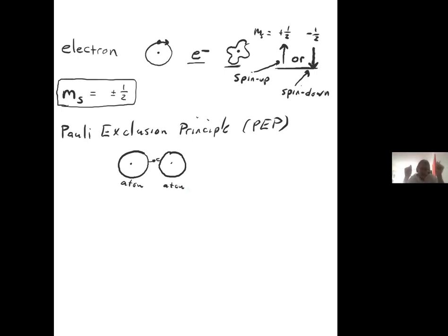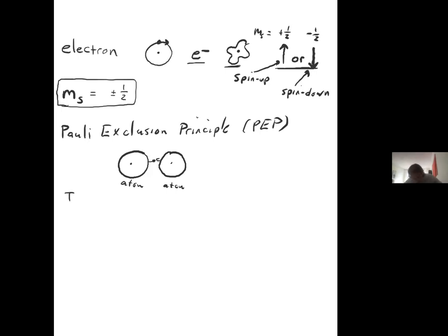They will push each other away, and the force of repulsion becomes very, very large. Sometimes people think that's because of the electrons being negatively charged, so they repel each other. But it's perhaps more to do with the Pauli exclusion principle, which is this.